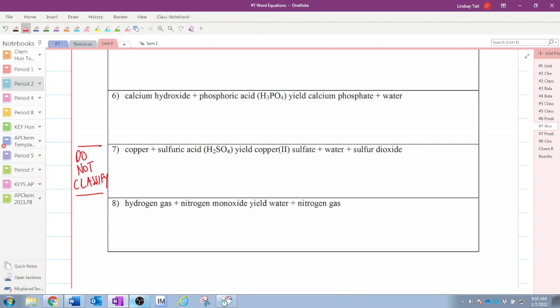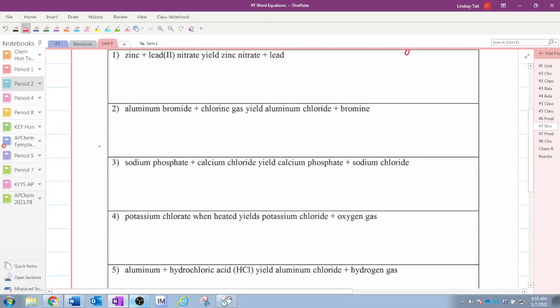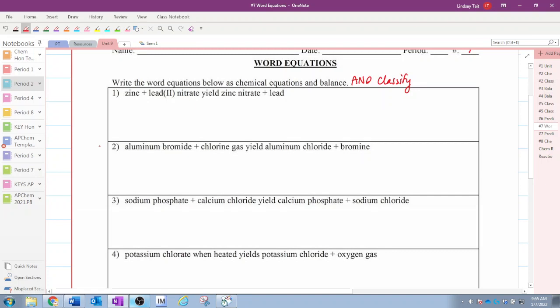Okay. So I'm going to do an example here in just a second, but when you're doing these, you still follow the same idea as when we were predicting products. If you have an element, check to see if it's diatomic. So do you see here where it says zinc? I'm just going to write the formula. I don't write a charge. I just write the formula for zinc, and then I just will need to ask myself, is it diatomic?